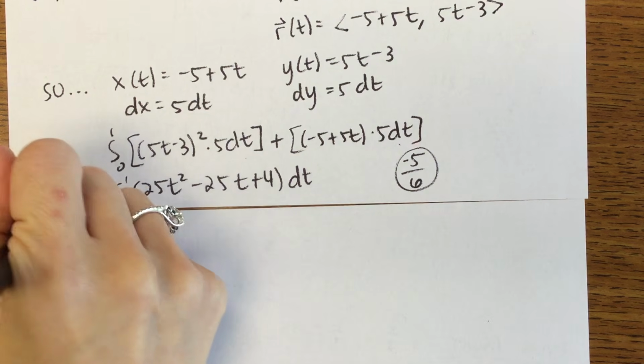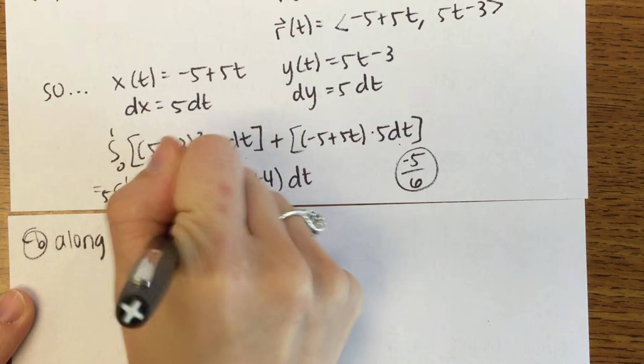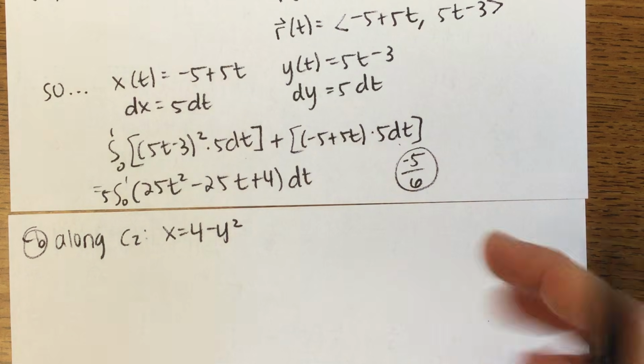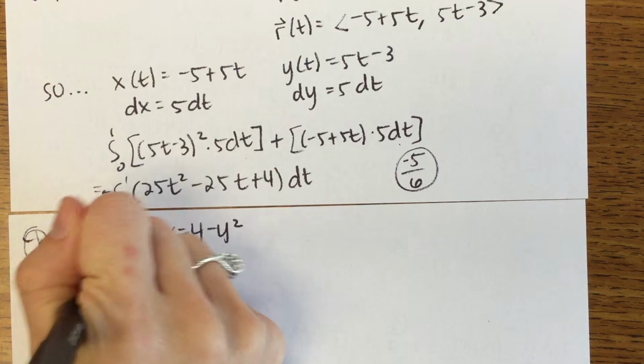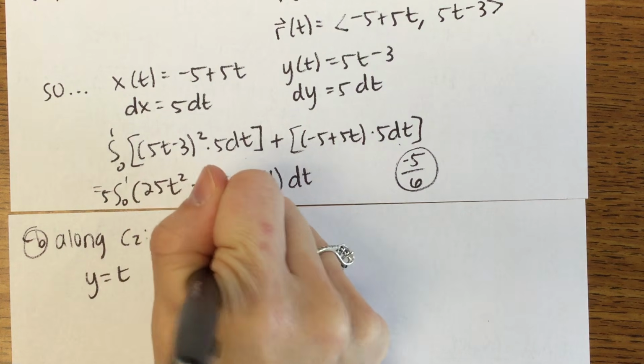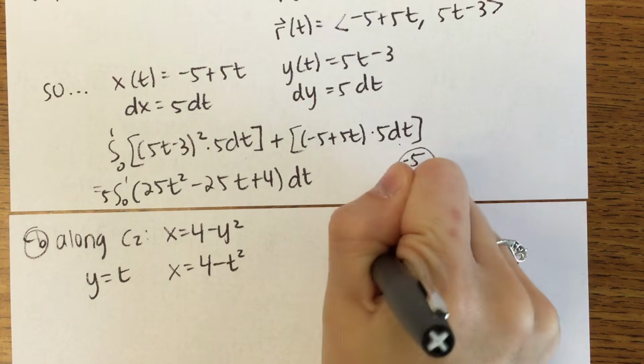Part B. We now need to go along the curve C2, which was that x equals 4 minus y squared. So what is a nice parameterization? If we call y t, our x then can be 4 minus t squared. We have to figure out the bounds for t though.